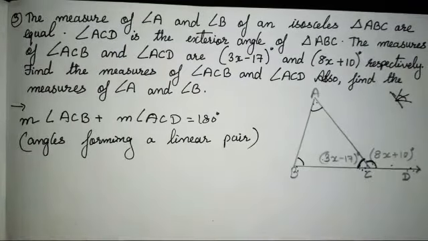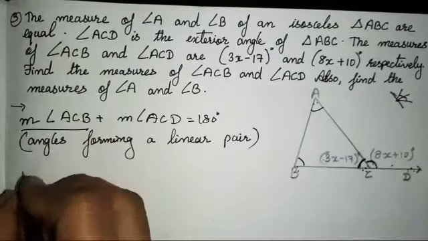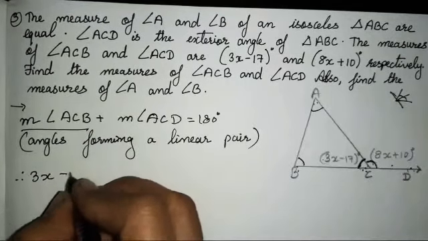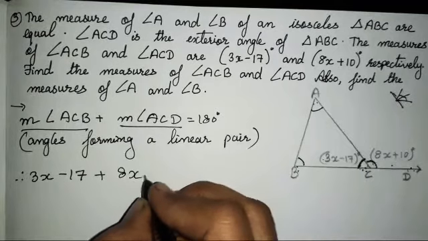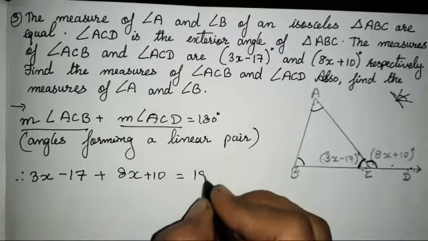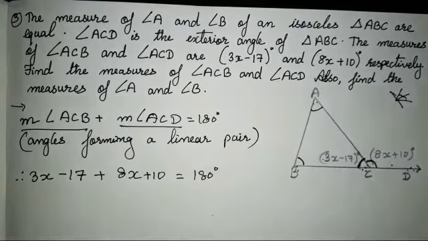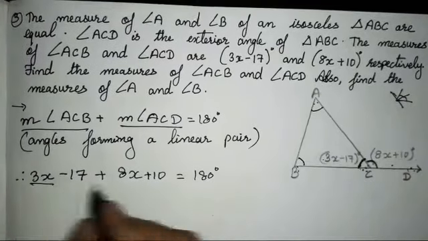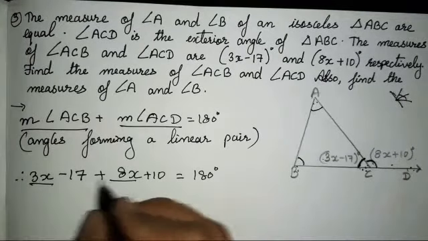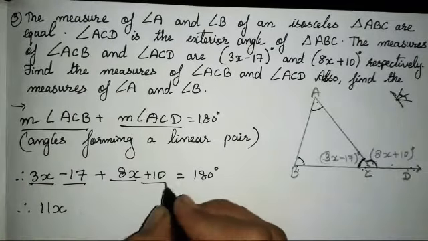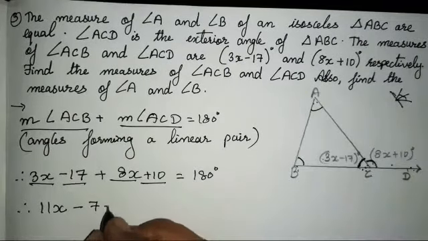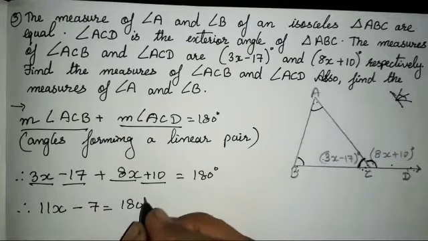Now, this angle is 3x minus 17 plus this angle 8x plus 10 is equal to 180 degrees. Okay, so what we have to do is take the like terms. So 3x plus 8x is going to be 11x, minus 17 plus 10 is going to be minus 7, and 180 as it is.